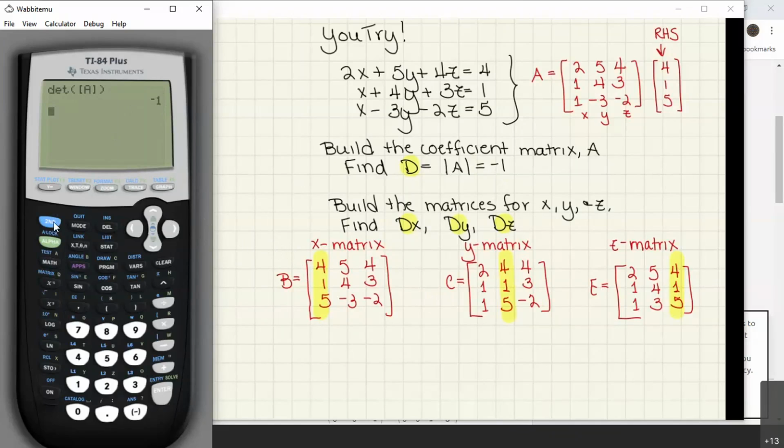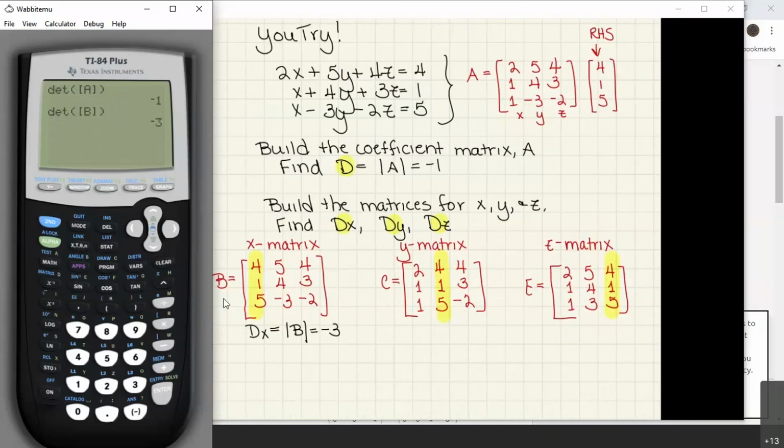And then I'm going to do basically the determinant for my second matrix. So determinant of B. Okay, and that gives me a -3. So underneath here, I'm going to write D sub x equals determinant of B, which is -3.